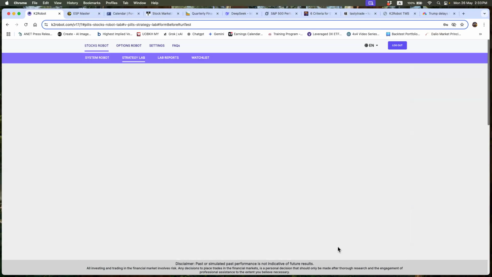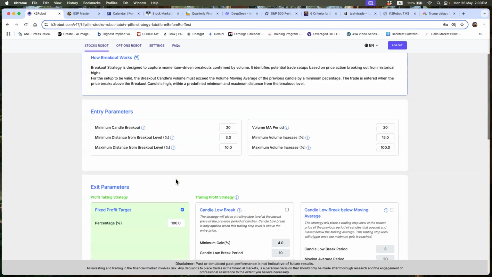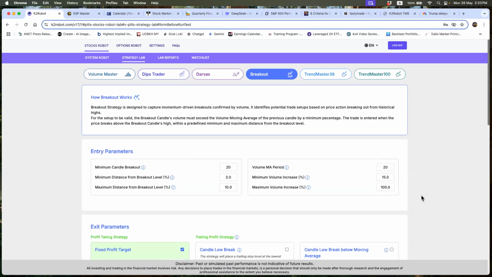So what we're going to do is customize. Now we have settled on what stocks to trade. We have settled on dynamic strong stocks because this is going to trade the top 10%. But the performance so far loses to TM100. So what I'm going to do right now is tweak the parameters. Just now we were talking about what stocks to trade.